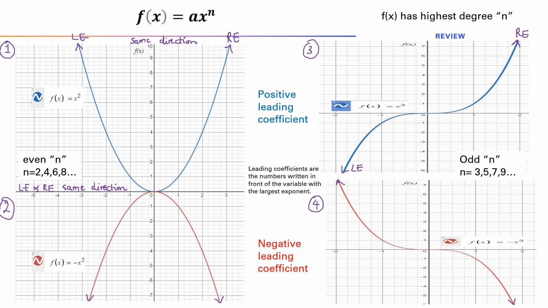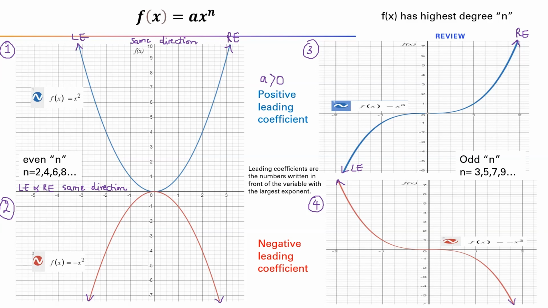Okay, and what does that mean? When we have the left end and right end of the even n going up, we have a positive leading coefficient, which means a greater than 0. And for graph number 2 and number 4, we have the negative.